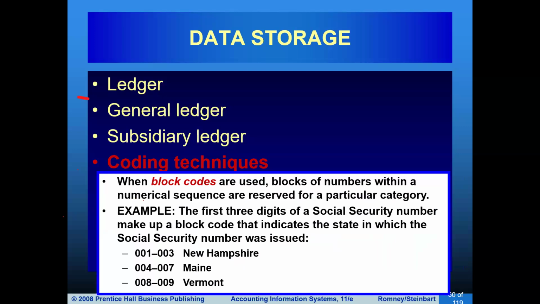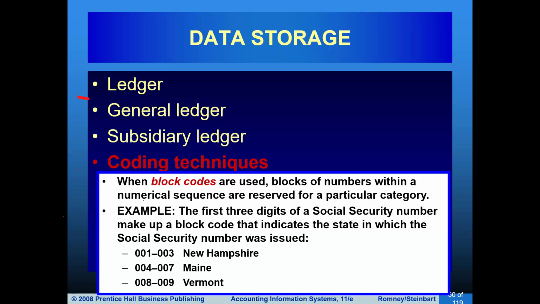Block numbers, country-wise, division-wise, product-wise, right. Block numbers within a numerical sequence are reserved for a particular category. Balance sheet accounts, one category. Income statement, another category. Likewise, you can also block.